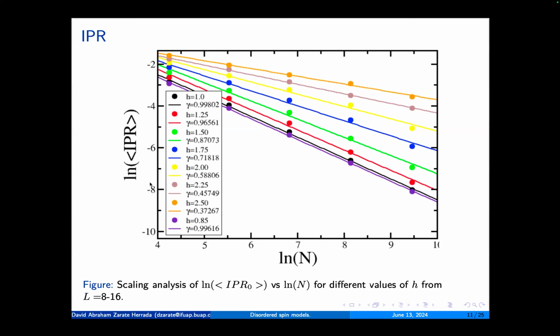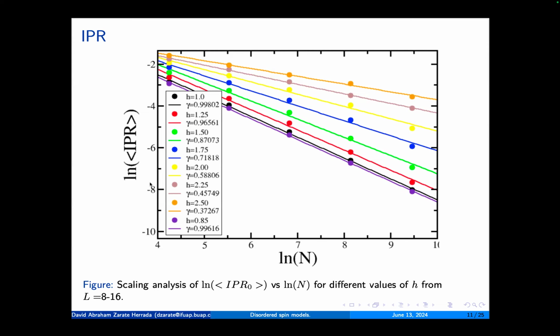That means the system shows a level spacing distribution like a Wigner-Dyson distribution, and we have extended states.